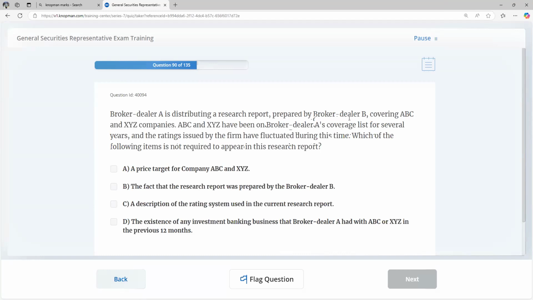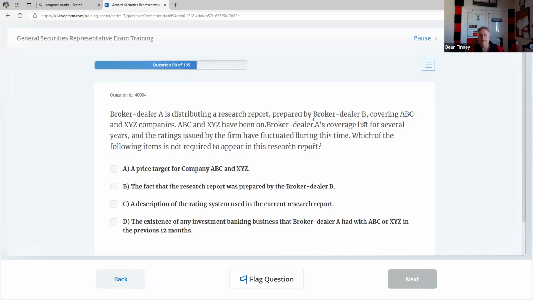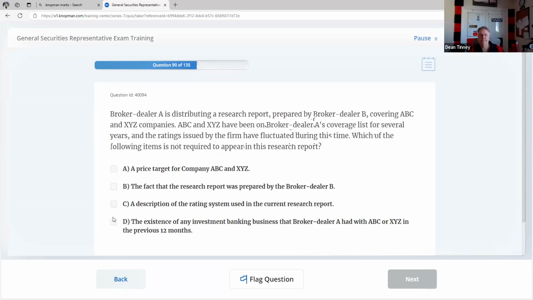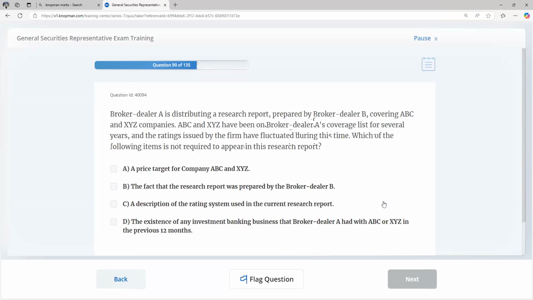Is it the fact that you have to let them know it was prepared by broker dealer B? Yeah, prepared by broker dealer B. I think that's correct, right? A description of the rating system you need. The existence of investment banking business that broker dealer A has.